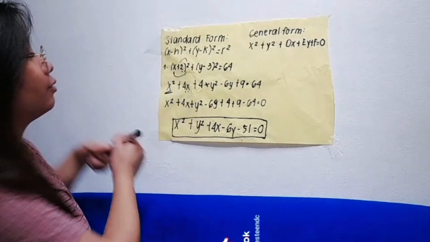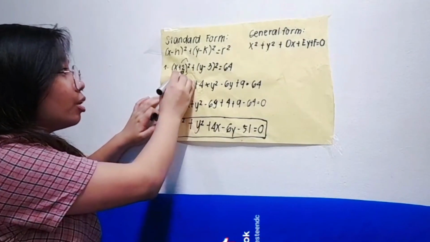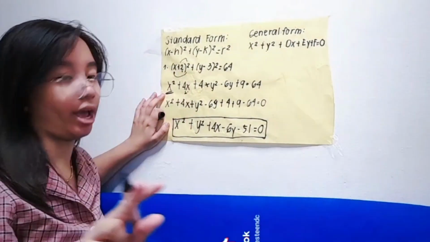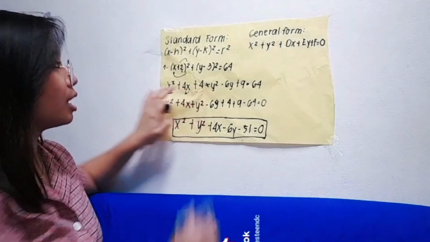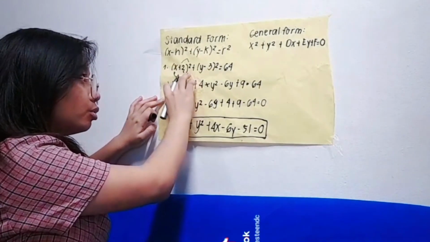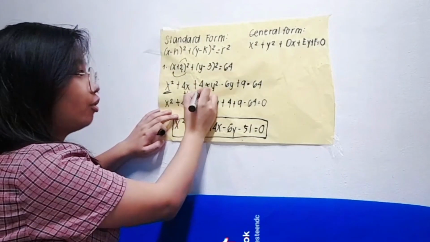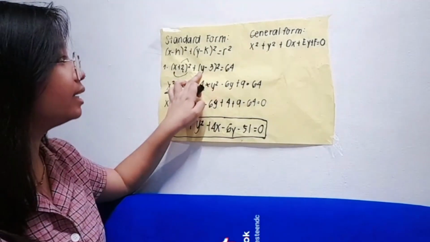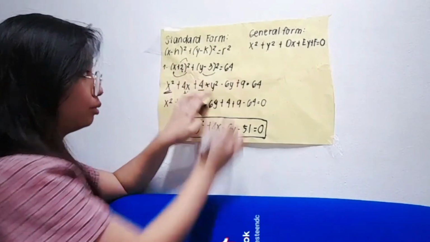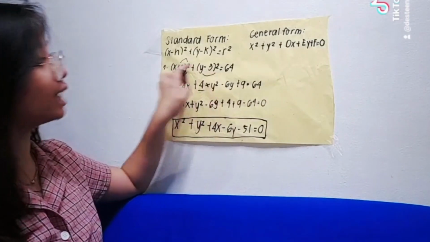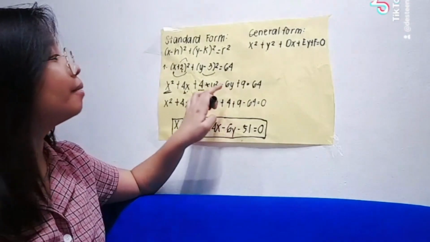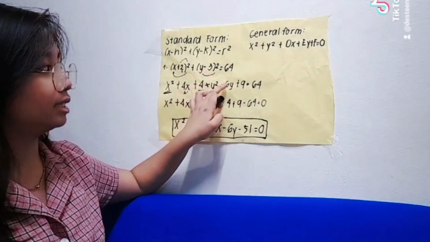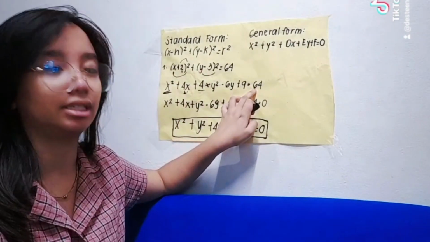How do we get this for x? 2 times x is 2x, times 2 is 4x, plus 2 squared, which is 4. While for y, (y minus 3) squared is y squared, then 3 times y is 3y, times 2 is 6y, plus 3 squared, which is 9, is equal to 64.